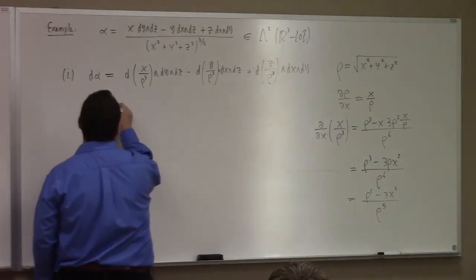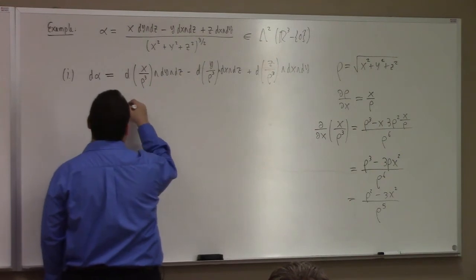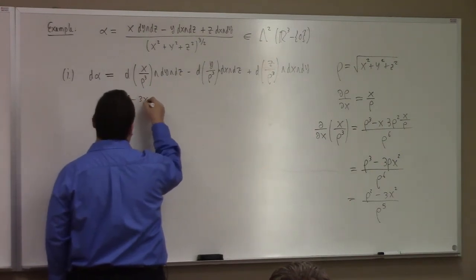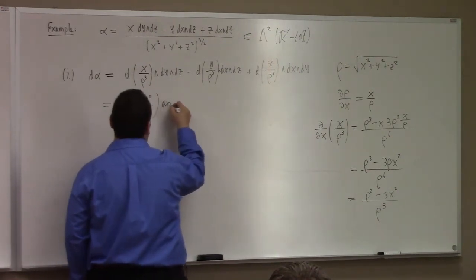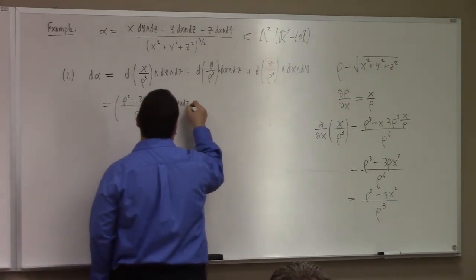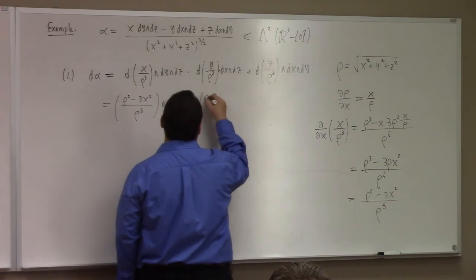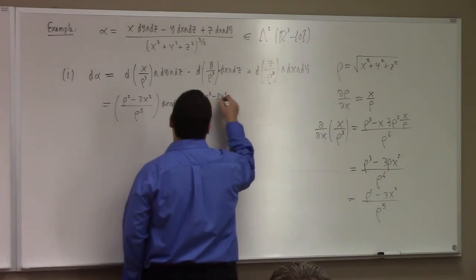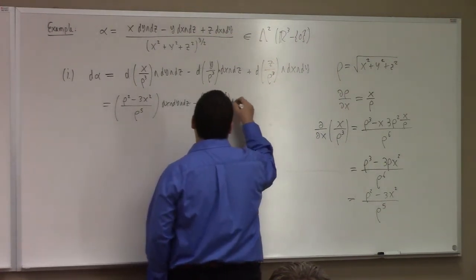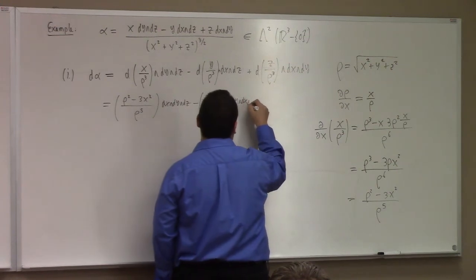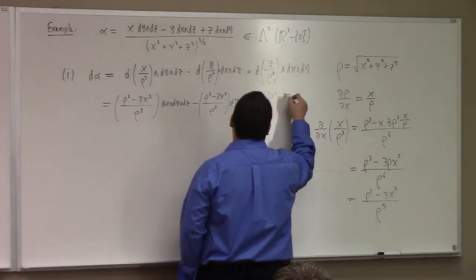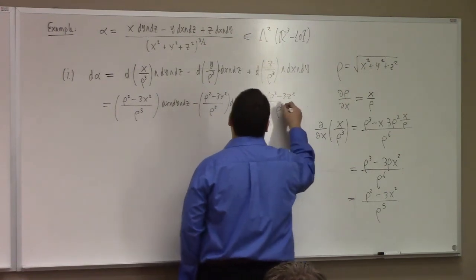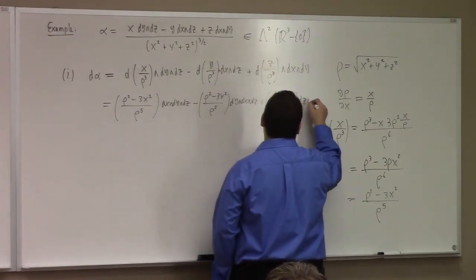So what you've got here is rho squared minus 3x squared over rho to the fifth dx wedge dy wedge dz, minus rho squared minus 3y squared over rho to the fifth dy wedge dx wedge dz, plus rho squared minus 3z squared over rho to the fifth dz wedge dx wedge dy.